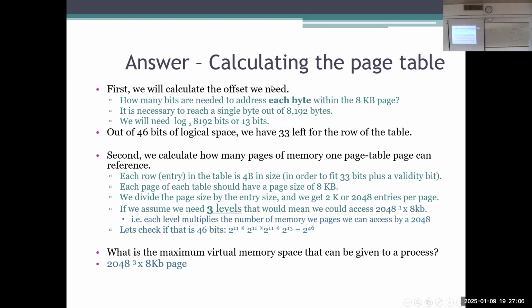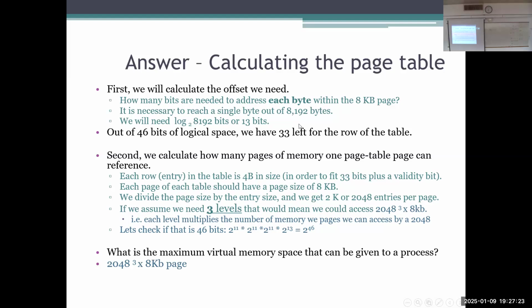First, we calculate the offset we need. How many bits are needed to address each byte within the 8 kilobyte page? It is necessary to reach a single byte out of 8,192 bytes, 13, right?